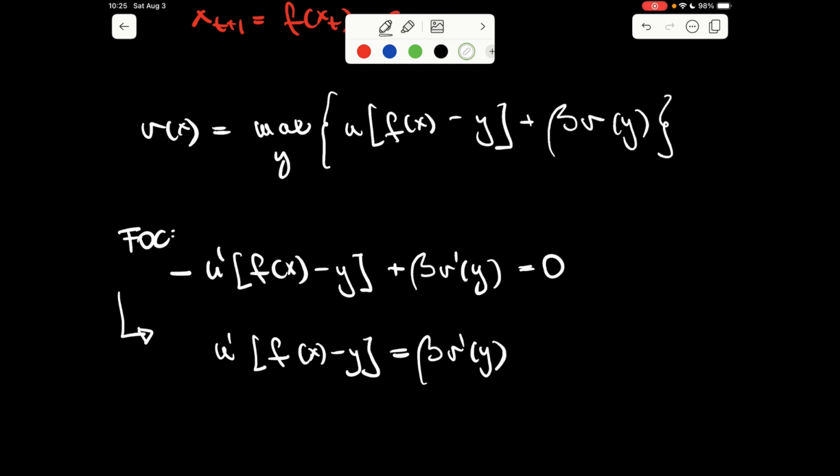We have a problem here because the unknown in the Bellman equation is the value function, so we have no idea how it looks like.